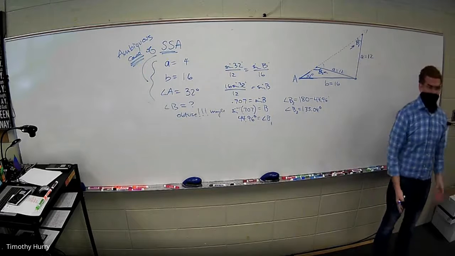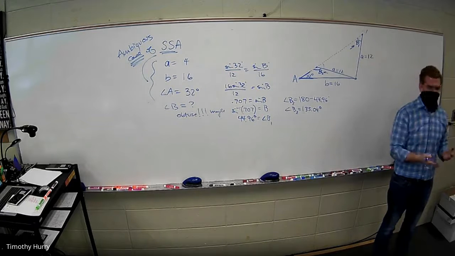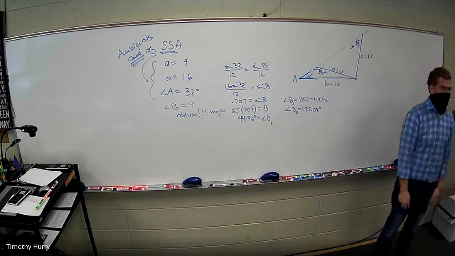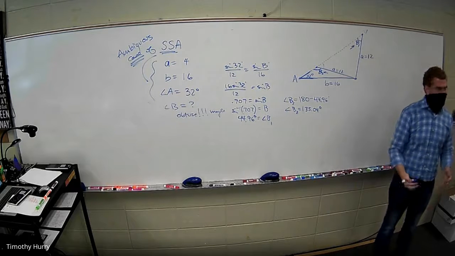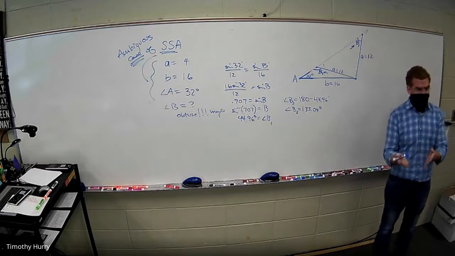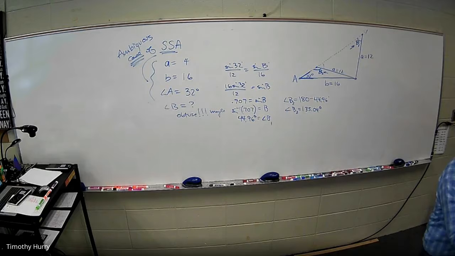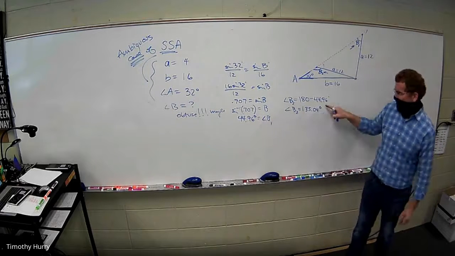Error. Awesome. If it says error, maybe double check your math, make sure you typed it in right. But if it says error, you go, oh, well, there must not be any triangle there. So it's either going to say error or it's going to give you an answer. But if it gives you an answer, it really means there are 2. And how do you find those 2? The angle and 180 minus the angle.